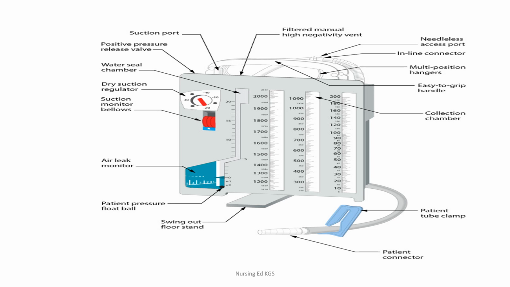We're now going to be talking about two types of drainage units, the water suction and the dry suction. The image that is displayed right now shows an example of a dry suction chest tube drainage system. These units use a mechanical check valve or regulator control dial to adjust the level of suction.